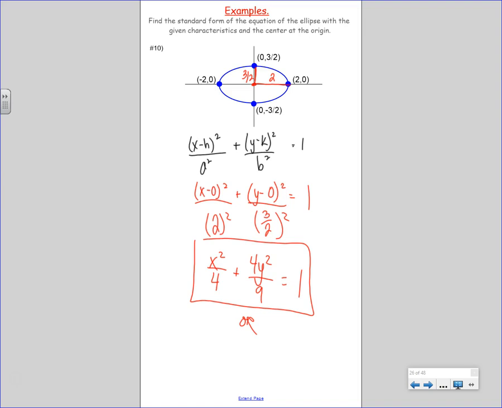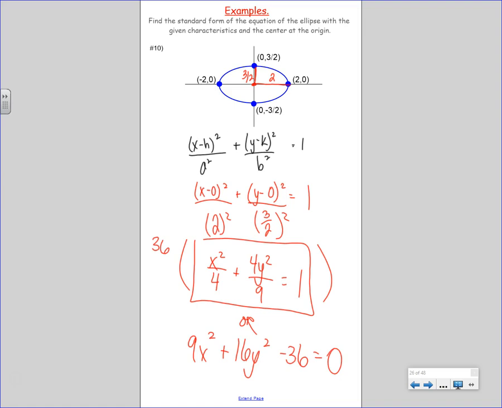But another way is that you could have multiplied everything by 36. If you multiply everything by 36, you would have 9x squared plus 1 and 4, 4 and 4 is 16, 16y squared equals 36, which I could have moved to this side. That's also another form of the ellipse.